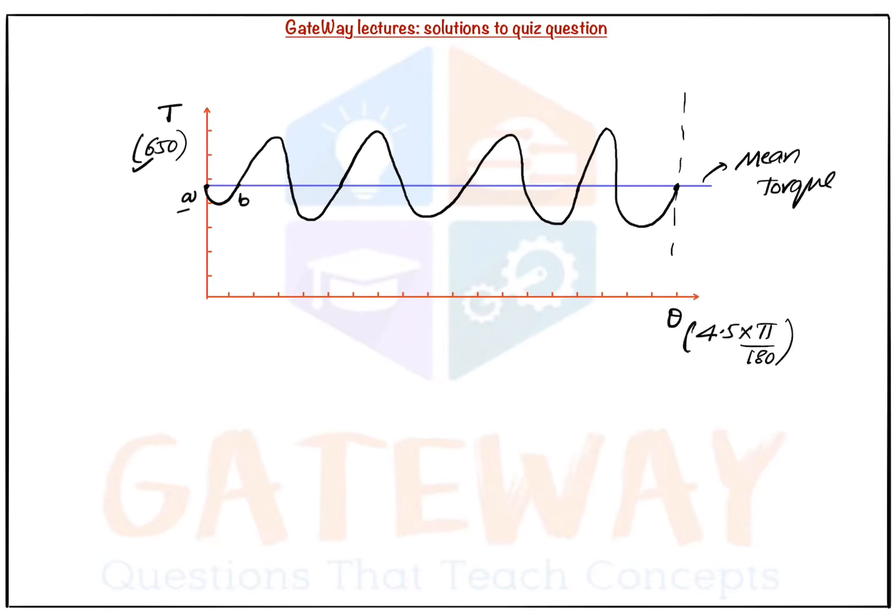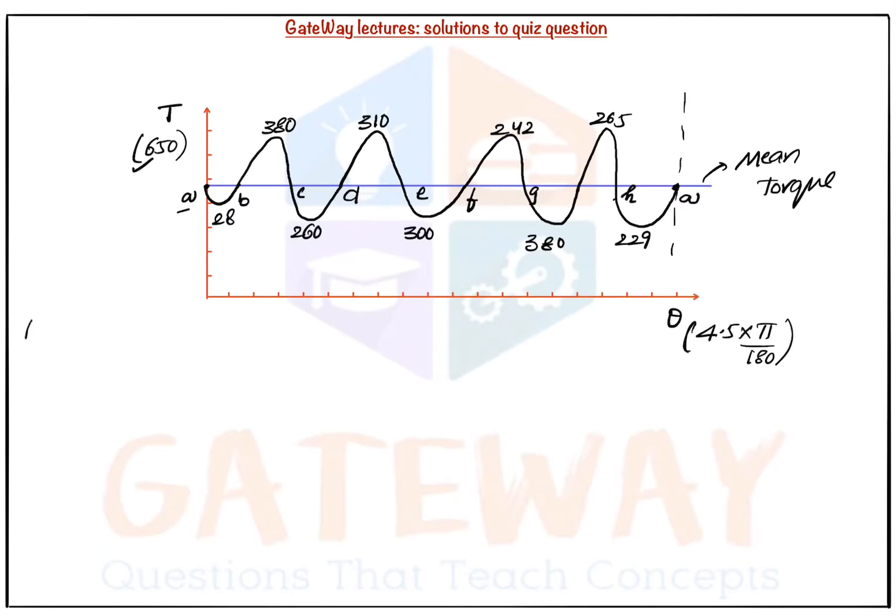Let this point be A. This is B, C, D, E, F, G, H, and here the cycle completes and this is again A. We'll indicate all the values here: 28, 380, 260, 310, 300, 242, 380, 265, 229.